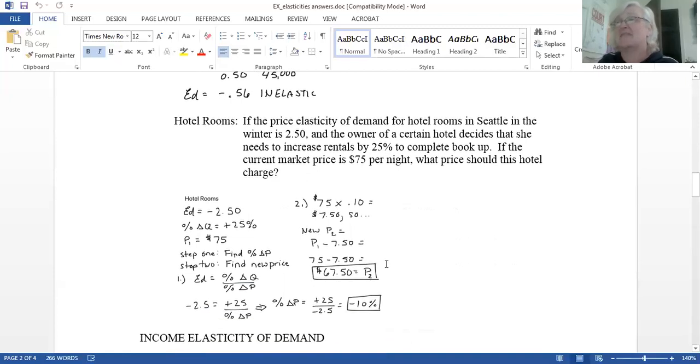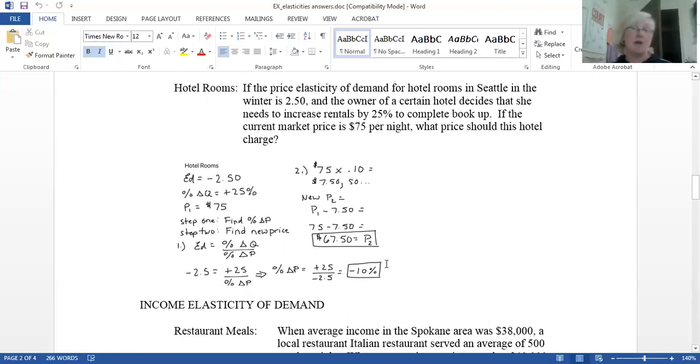In this case, look at this one. Another word problem, because these are how you're going to see it in multiple choice questions, right? This is what you're going to have to do to solve some of these multiple choice questions. All right. If the price elasticity of demand, and as I'm reading this, okay, pay attention. If the price elasticity of demand for hotel rooms in Seattle is 2.5, right away, look what I wrote. I jotted down that first sentence, or even the first phrase.